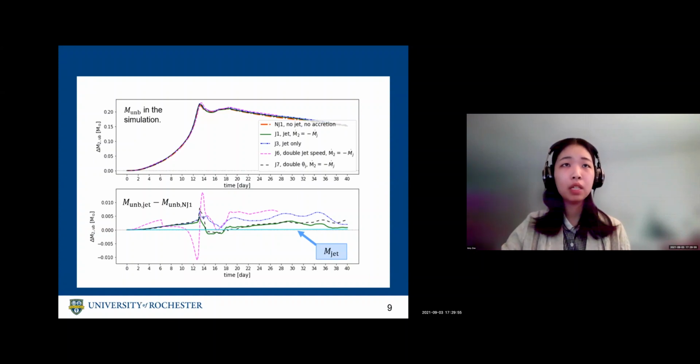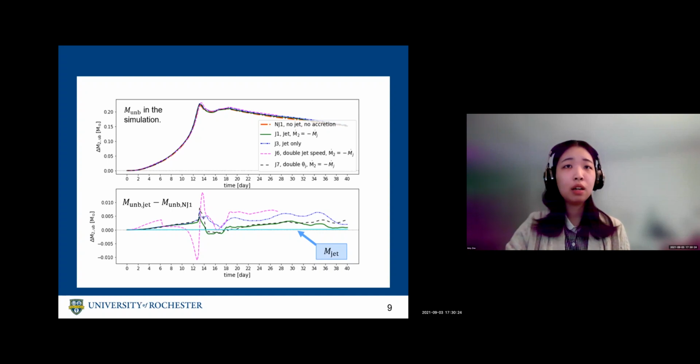The maximum unbound mass happens slightly later, but still around the first periastron passage. The bottom panel is the difference between the jet model and the no jet model. I want to point out this light blue curve, which is almost a horizontal line, but that's the sum of all the jet material we pump into the simulation.